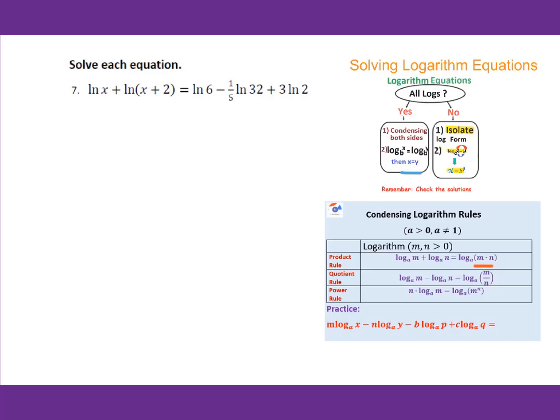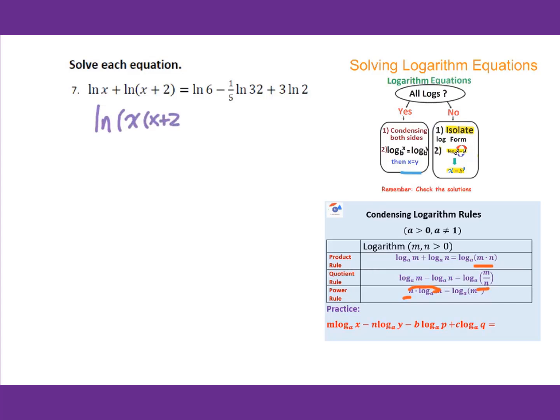If subtraction, you divide the arguments. If you have a number before the log, you jump it to the exponent. That's the rule.